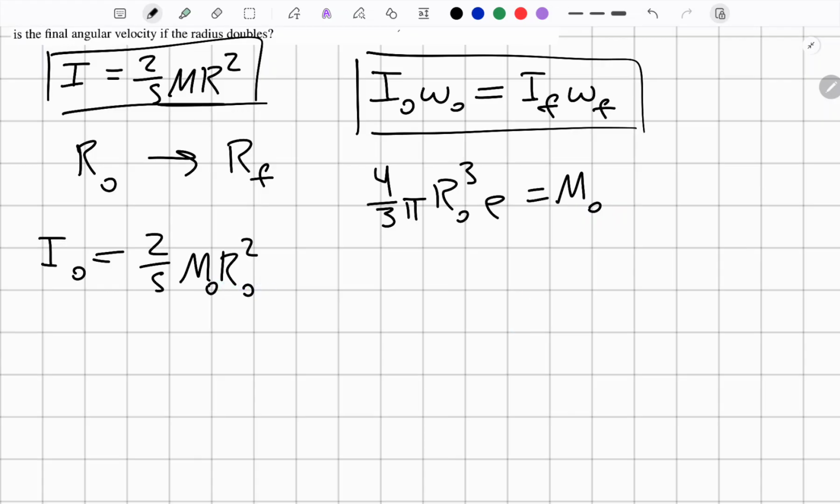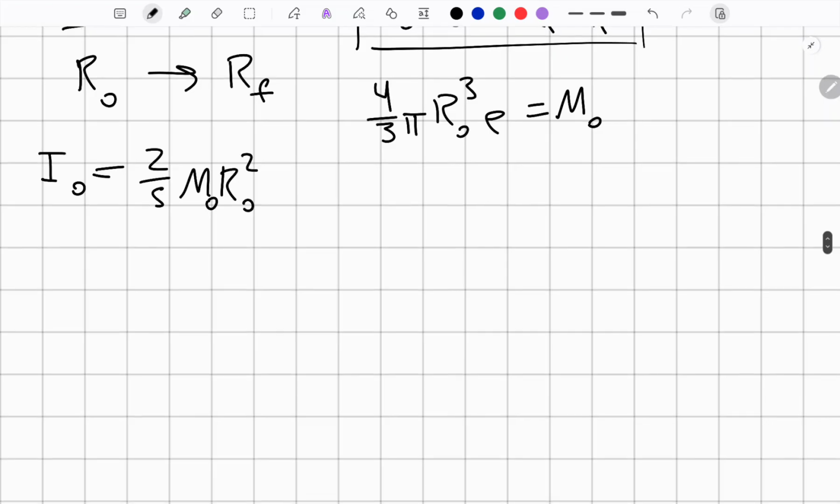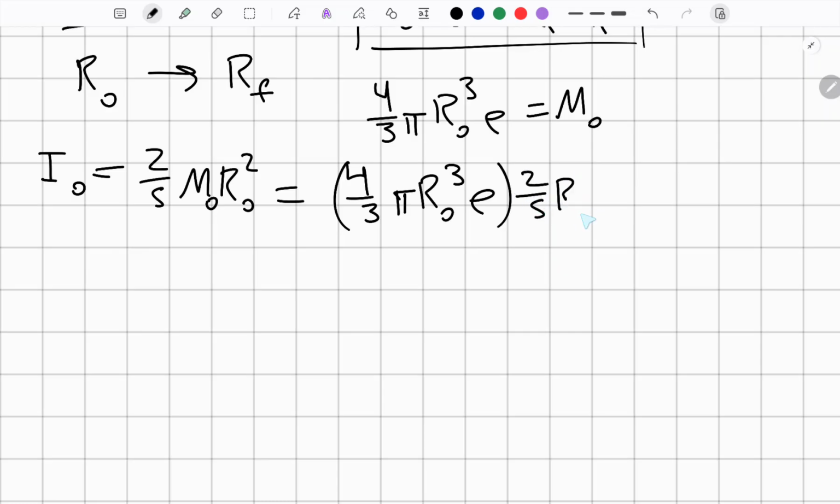So we now know that that is equal to 4/3 pi r0 cubed rho times 2/5 r0 squared. So the initial moment of inertia is going to be 8/15 pi r0 to the 5th times rho.